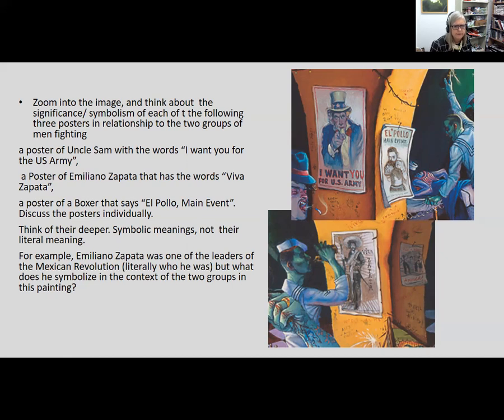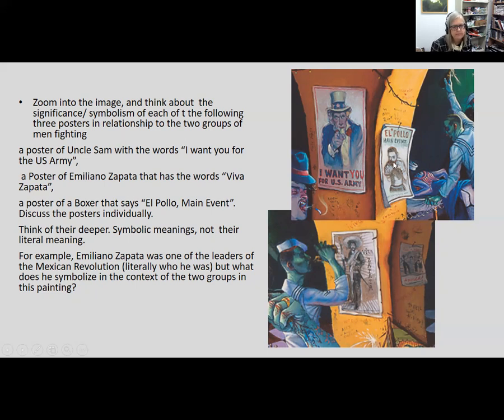So bear that in mind, because I don't want you to plagiarize about who Emiliano Zapata is. But if you don't know who he is, look him up so you can understand what I'm referring to, like what he would symbolize in the painting.